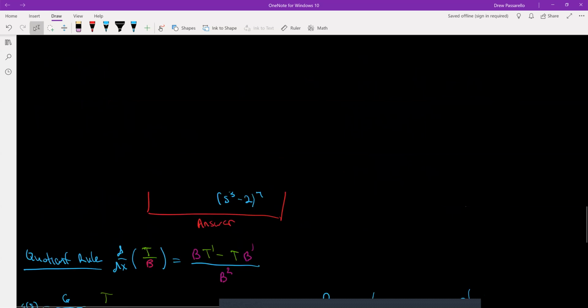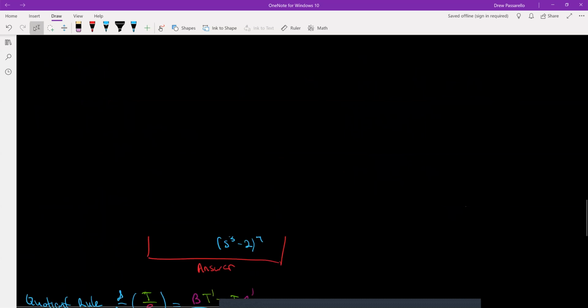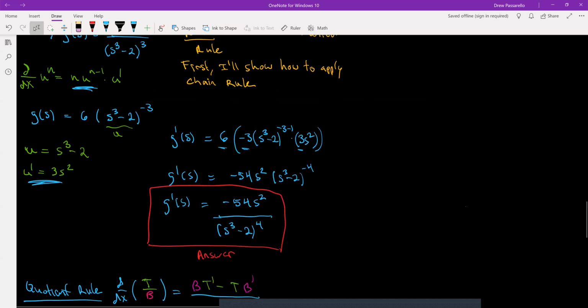So it's easier to do it the first way without having to do the quotient rule. Just rewrite it as 6 times s cubed minus 2 to the negative third power. That way it's directly applying the chain rule and you get your answer. All right, so that's where I'll stop this video. Next video, I'll do some more examples.